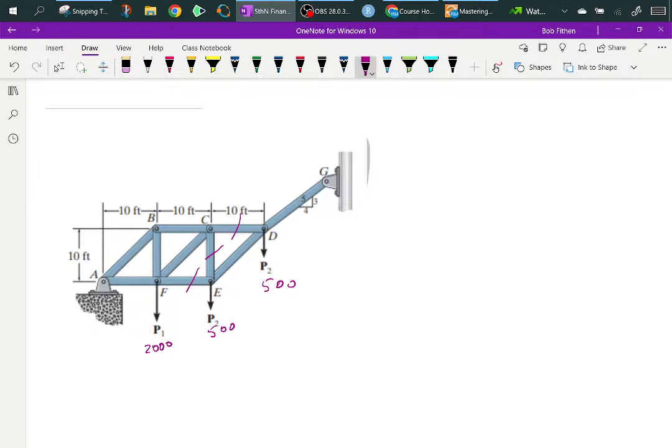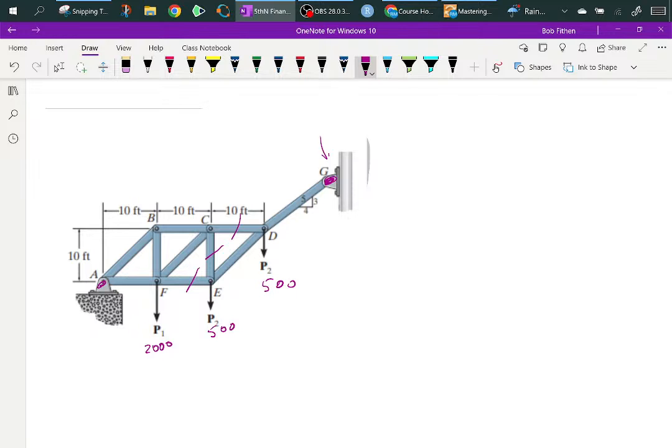So what I can do is I got the picture back there again. I could work out some of that. You're kind of stuck in that. You got to find a reaction somewhere. So you got to at least find it here or here. But I think this one might be easier.